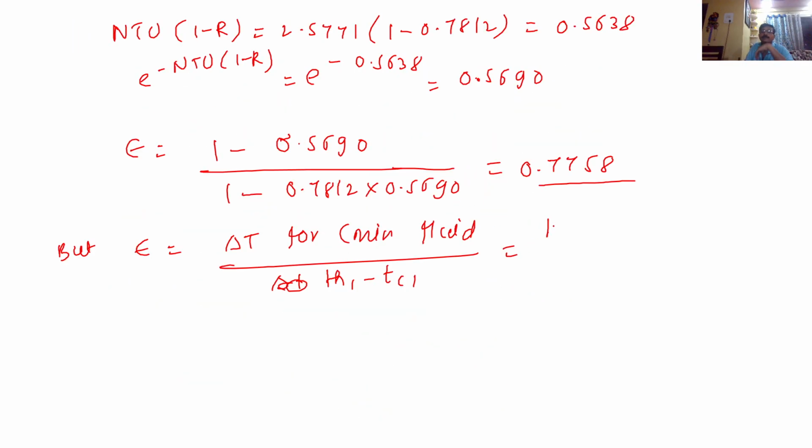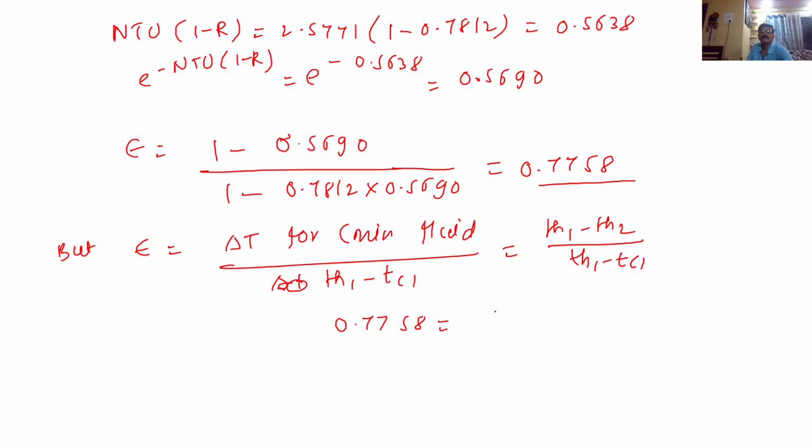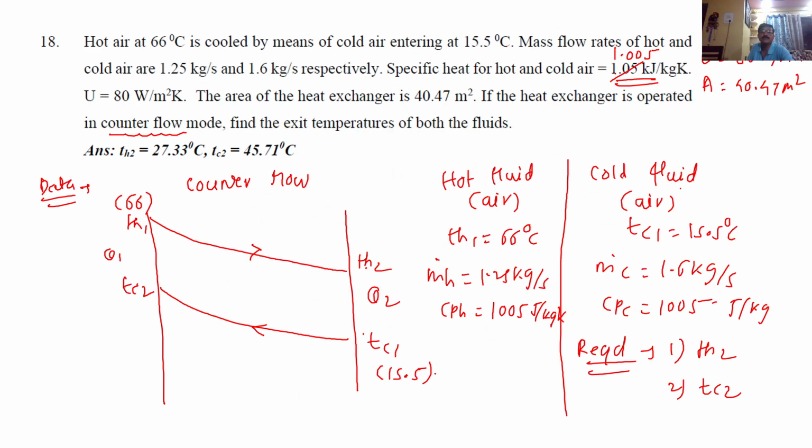TH1 minus TH2 divided by TH1 minus TC1. So the epsilon value I know is 0.7758. TH1 is 66 minus TH2, which is unknown. TH1 is 66 minus TC1 is 15.5.